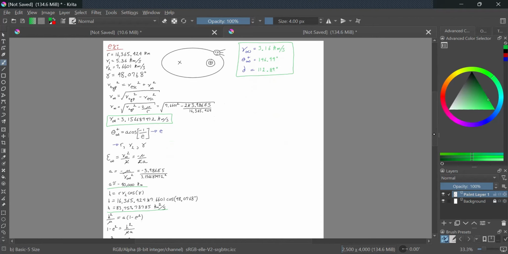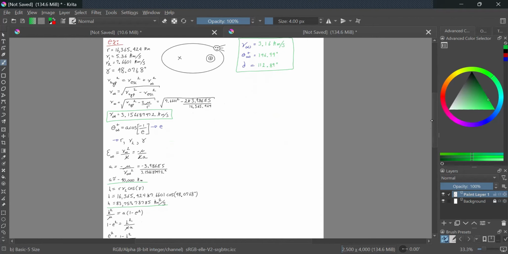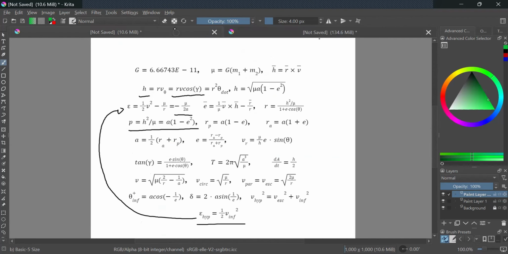I want to point something out: we had to go on this wild roundabout trying to get to the equations that we actually needed, but we could do it. And I want to remind everyone watching that the first 10 episodes were all solved from the initial conditions that I presented in episode 2. We didn't need anything else. We had a position and a velocity, not a speed, a velocity.